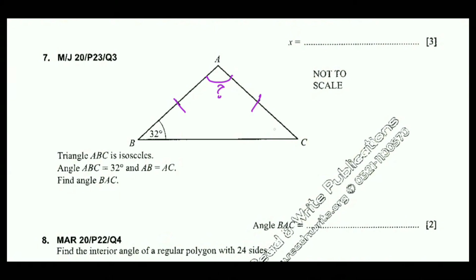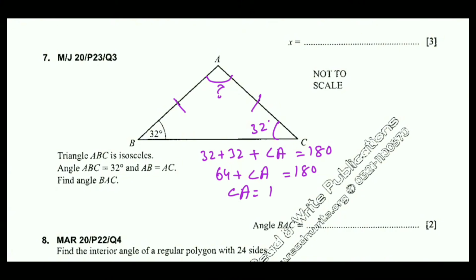So if this is 32, this will also be 32, and now we can use the angle sum of triangle property. 32 plus 32 plus angle A is equal to 180 degrees. So 64 plus angle A is equal to 180.